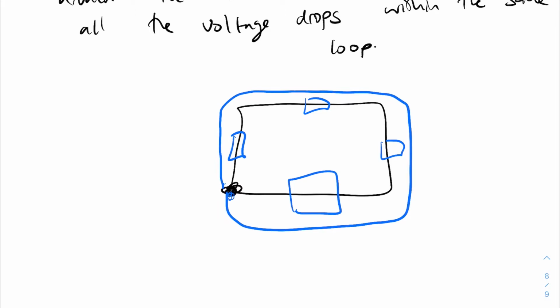Right. Let me draw a better visual representation for you. So do a basic circuit. We've got a voltage source here. Let's give ourselves a resistor here, and give ourselves a resistor here.